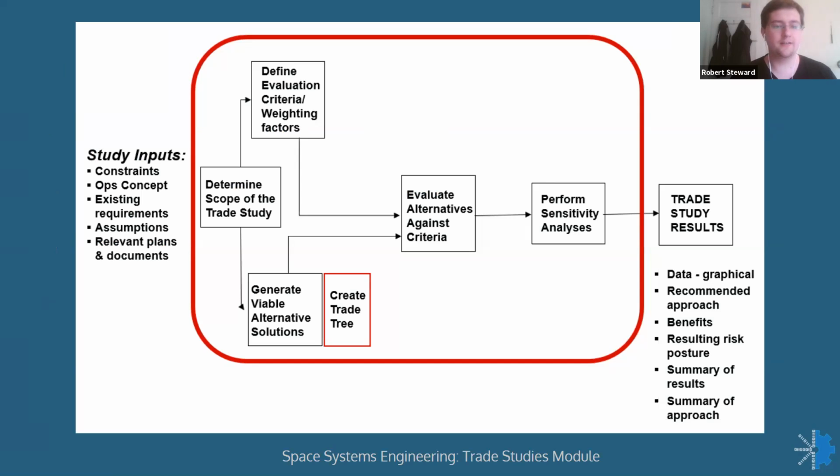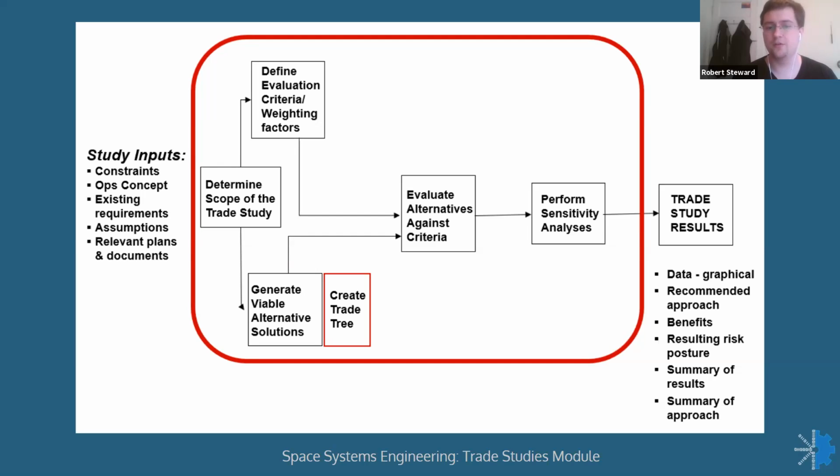This chart is a little bit of a different way of looking at that trade study process. You start with the constraints of the project, some of those existing requirements and assumptions that you have, and then you'll go through and determine the scope of your trade study.